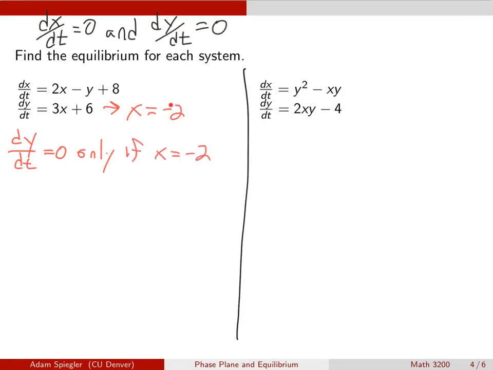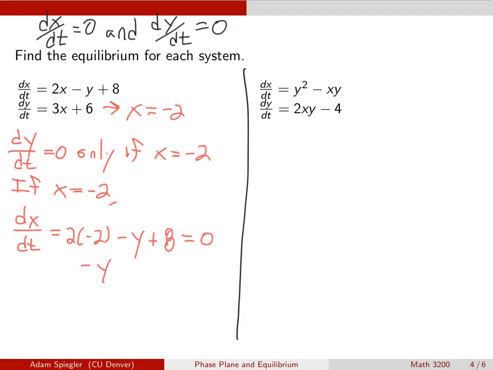But just setting x equal to -2 isn't going to guarantee that the other derivative is 0. If x is equal to -2, then we can look at what implications that would have on the top equation. We would have 2, plugging in -2 for x, minus y plus 8, and we set that equal to 0, and now we need to solve for y.